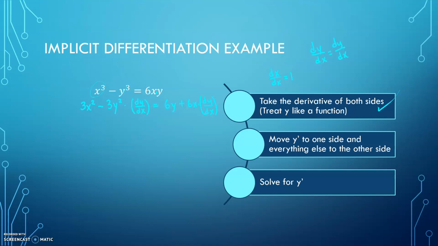Now that we've done that, we are going to move all of the y primes, or all of the dy/dx's, to one side of the equation and everything else over to the other side. So I'm going to subtract 6x dy/dx from both sides, making the decision to move all my dy/dx's over this way. But you could make a different decision. It wouldn't be wrong. I'm also going to move the 3x squared.